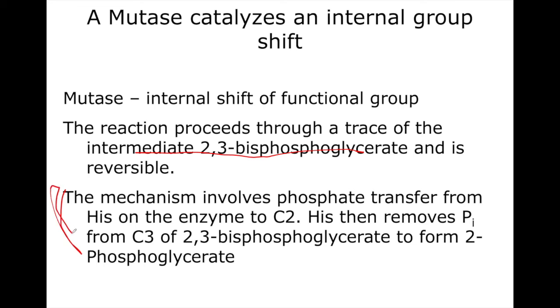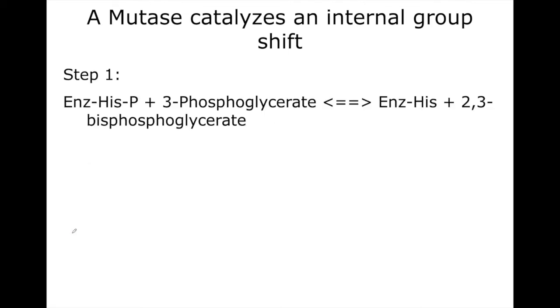So let me show you this in a bit more detail to try to make some sense of what we're talking about here. Okay, so our enzyme already has a phosphate attached to a histidine. Our enzyme has a histidine in the active site which has a phosphate attached to it. And then our substrate, the 3-phosphoglycerate, comes into the active site. That enzyme transfers the phosphate that it already has attached onto our 3-phosphoglycerate at the 2-carbon.